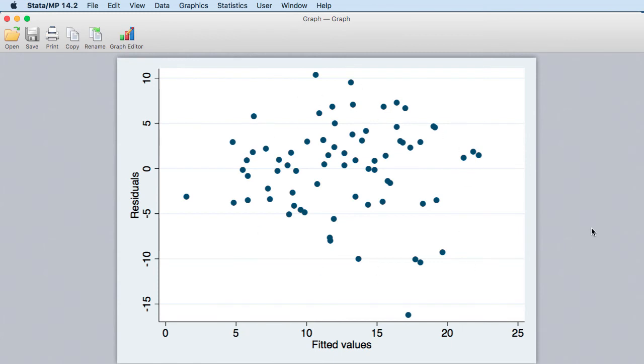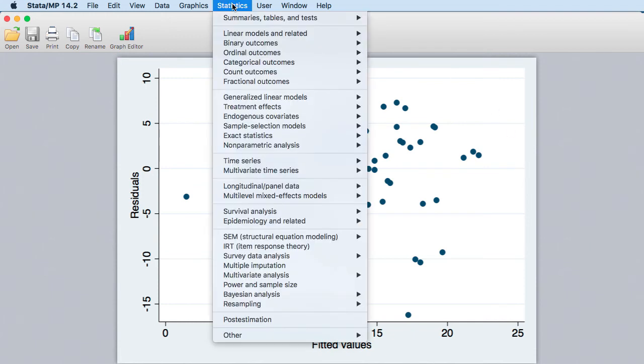The other thing that we can do is look to see if the residuals are normally distributed. In other words, is the error normally distributed? And so to do that, we go back here and we go to post estimation. So we're looking to estimate a statistic after this analysis has been done.